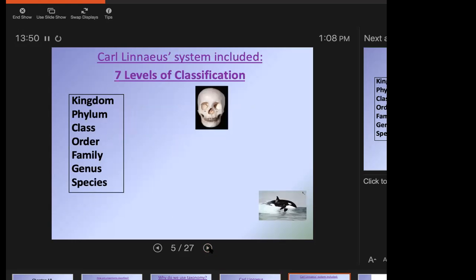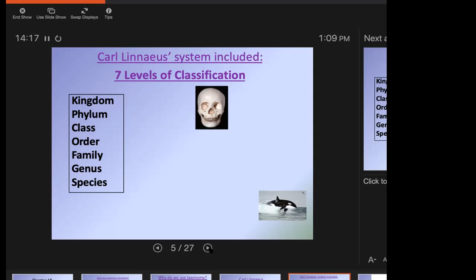But this is the 7-level system that he developed. Is this ringing a bell from freshman year? Kingdom, phylum, class, order, family, genus, species. We're not going to spend too much time going over this, but what you need to know is that everything we talk about this quarter is in the animal kingdom. And then we're going to be learning about nine different phyla.